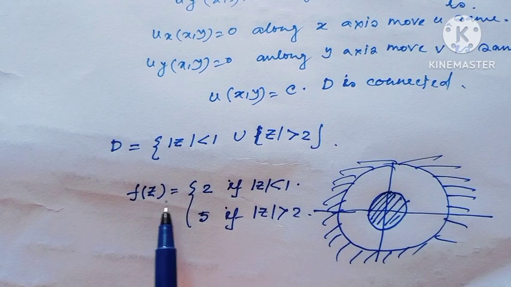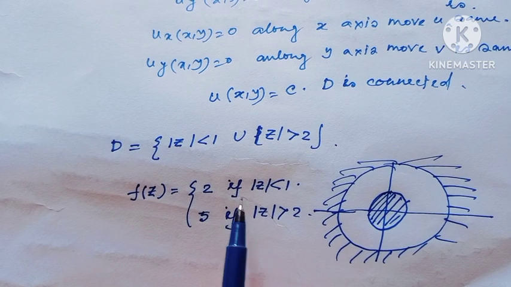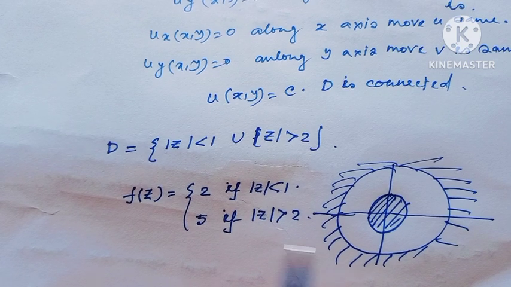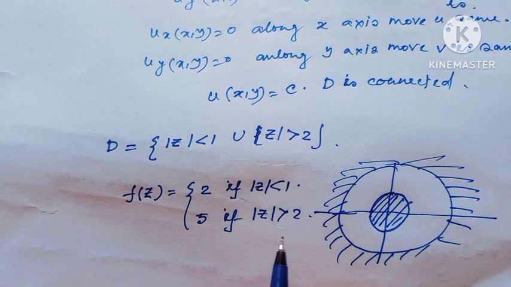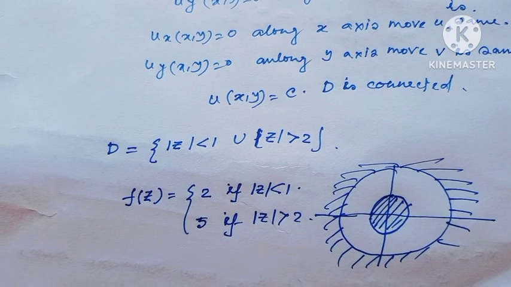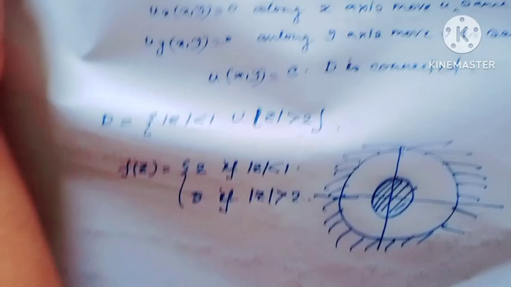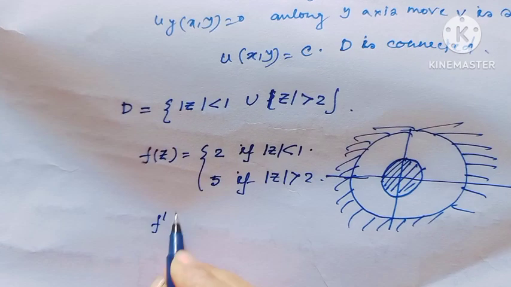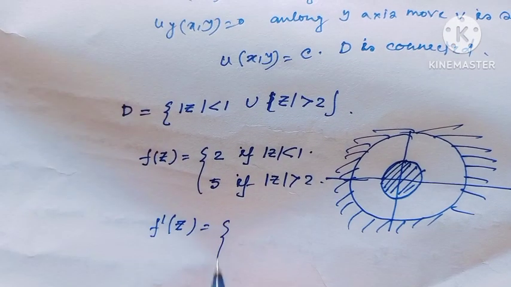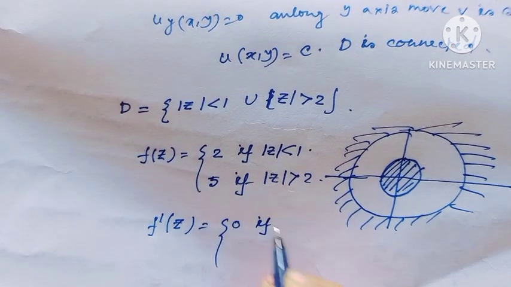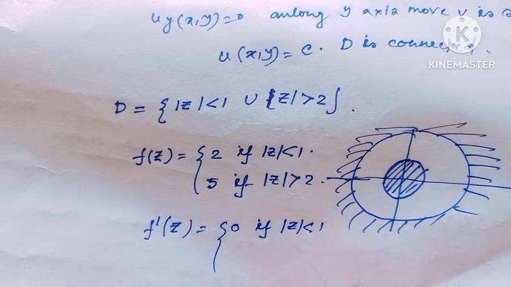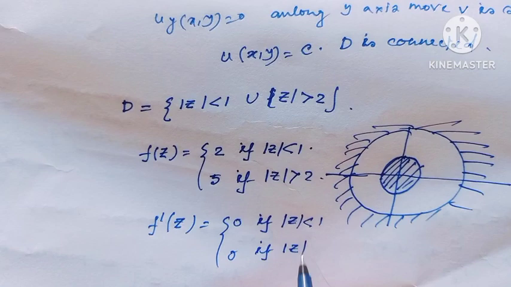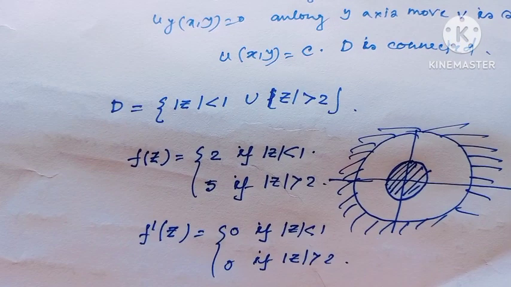Consider the function f(z) equal to 2 if |z| less than 1 and f(z) equal to 5 if |z| greater than 2. In this domain f'(z) equal to 0 if |z| less than 1 and 0 if |z| greater than 2.